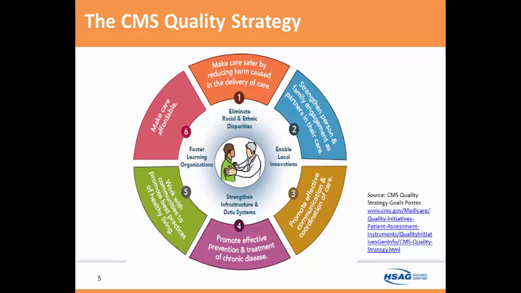These principles are: eliminate racial and ethnic disparities, strengthen infrastructure and data systems, enable local innovations, and foster learning organizations. CMS supports the quality strategy by developing quality measures that address the quality strategy priorities and goals, and implements them through provider feedback, public reporting, and links to payment incentives.